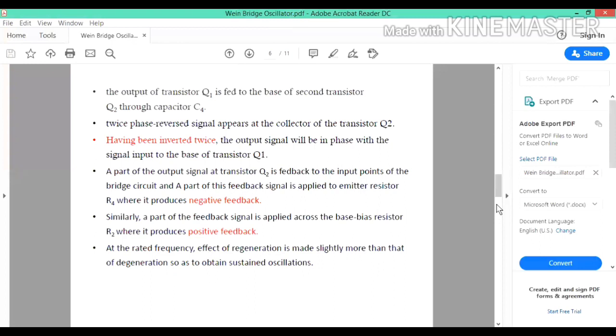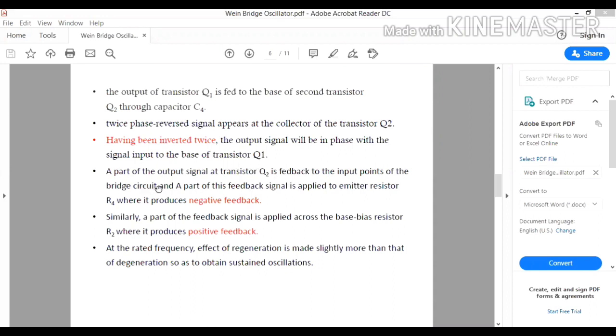So at the collector of the second stage amplifier, we get a 360-degree phase shifted output. Having been inverted twice, the output will be in phase with the signal input to the base of the transistor Q1.